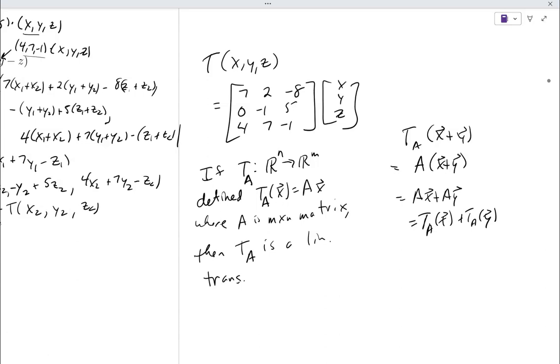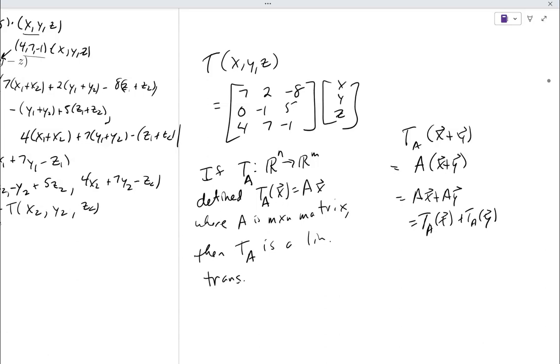That was a lot shorter proof, wasn't it? When I had it written as a matrix multiplication. And didn't have to go through all those subscripts. Okay. And I could do the same thing for constant multiples. Same type of proof. All right.